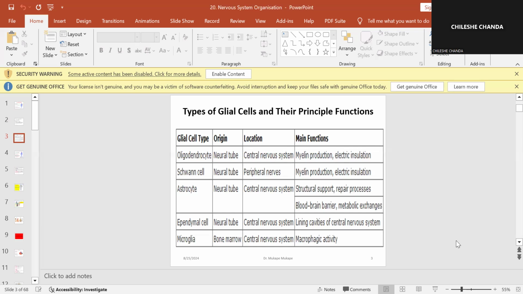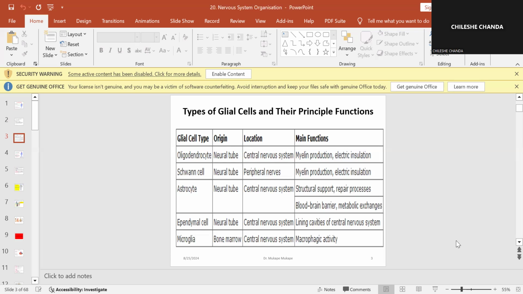The other cells that you're going to find in the nervous system include the microglia. Microglia are the only cells that come from the bone marrow. They are the white blood cells of the nervous system, the macrophages of the nervous system, with macrophagic activity.